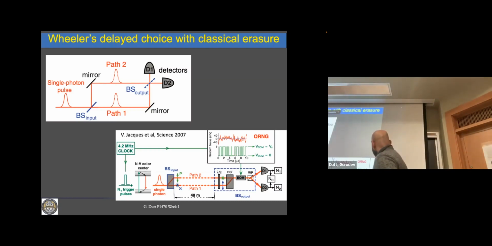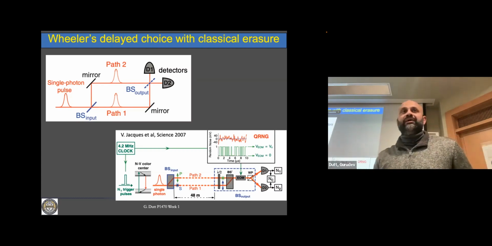Because in this case, I'm moving that beam splitter in and out well after the photon has already entered the system. So there would have to be some propagation backwards in time to tell it, oh, do this now. Oh, wait a minute, we changed our mind. Oh, no, don't do that, do this instead. Again, this is only a mystery if you don't know about entanglement.